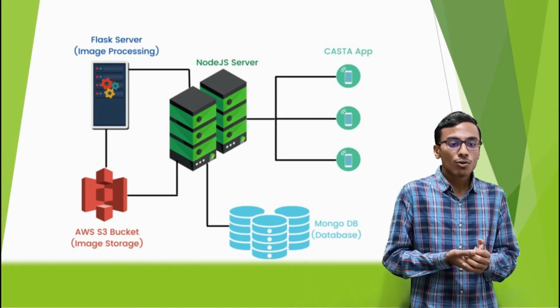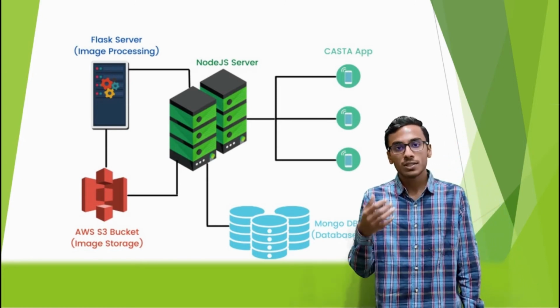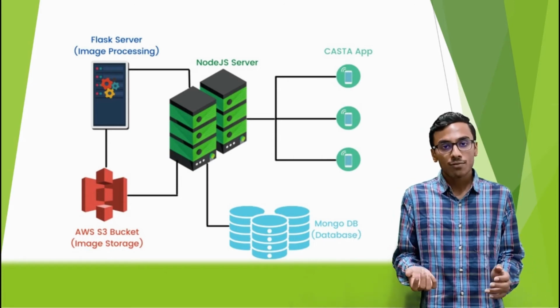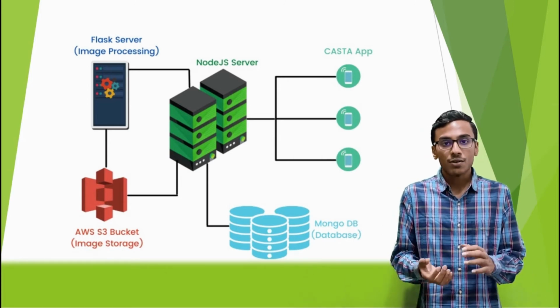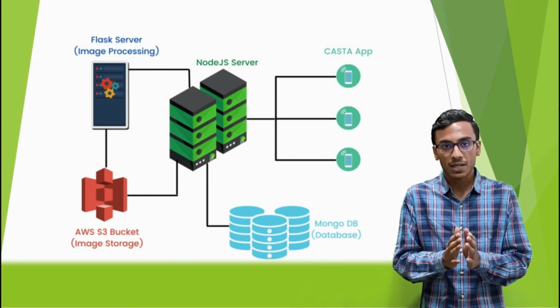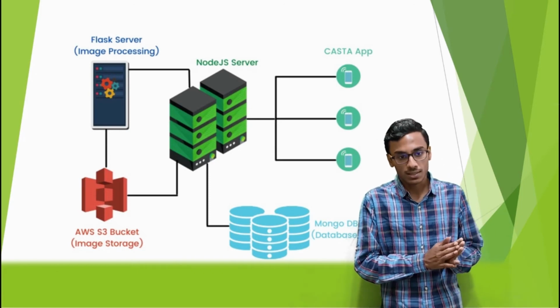For our CASTA application, we want both iOS users as well as Android users to benefit from it. Therefore, we are using React Native so that we can create one code base and create one whole application and deliver it for both Android users as well as iOS users.